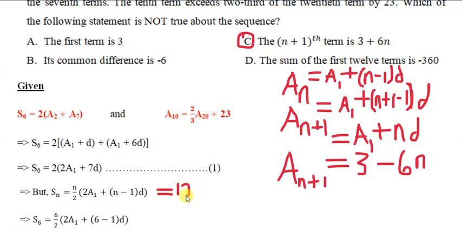12 divided by 2, and then multiplied by, we have already a1 which is 3. 2 times 3 gives us 6, and 12 minus 1 is 11, and multiplied by our common difference, we already obtained this is minus 6, put it minus 6, and then now perform this operation.